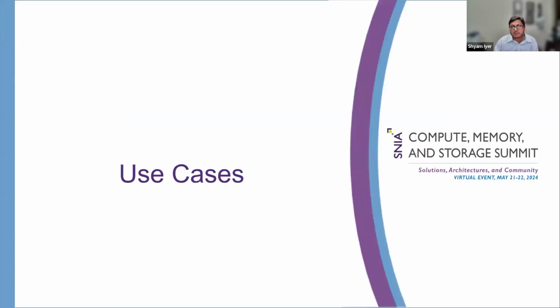So let me cover some of the use cases where memory-to-memory data movement and acceleration are beginning to become part of system architecture, and one of the reasons why SDXI is becoming a standard you need to pay attention to.